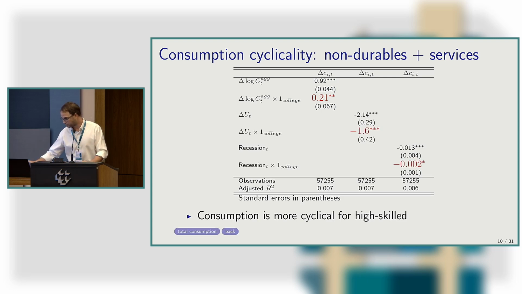When we use the other measures of this cyclical component, the unemployment rate or the recession indicator, I find similar results. So when you have a recession or when unemployment rate goes up, consumption falls, and it falls by more for the more educated or the high-skilled workers. I interpret this as evidence that consumption is more cyclical for high-skilled.